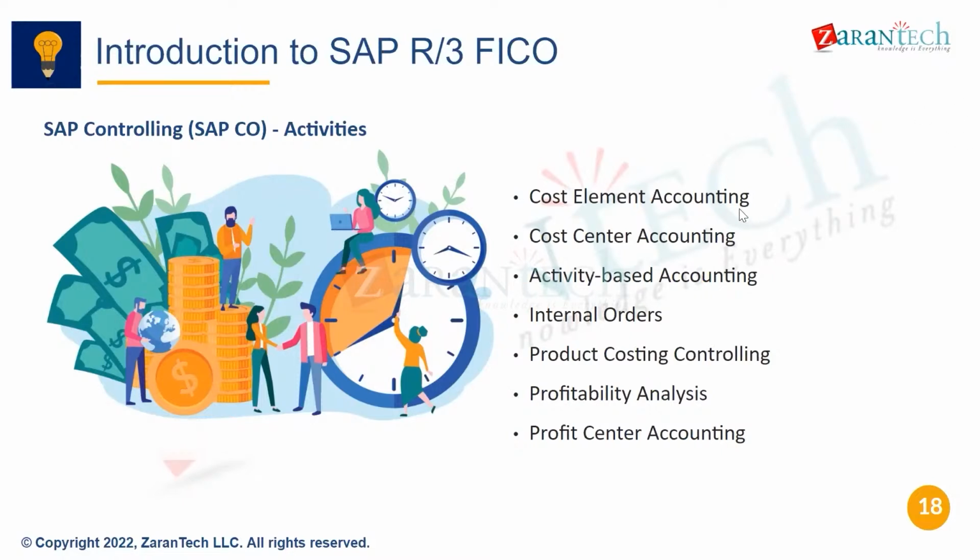In cost element accounting, we'll have two types: primary cost elements and secondary cost elements. Primary cost elements are nothing but the GL accounts that are created in the FI module. We will extend them to the controlling module. Secondary cost elements are created in the controlling module itself. Those are created for settlement and allocation purposes.